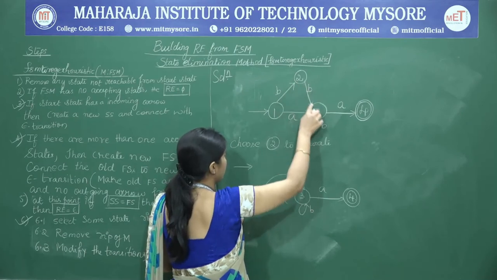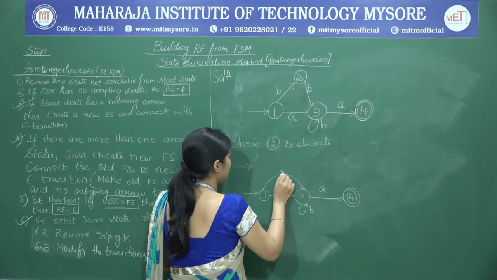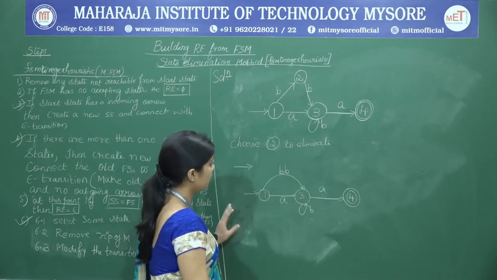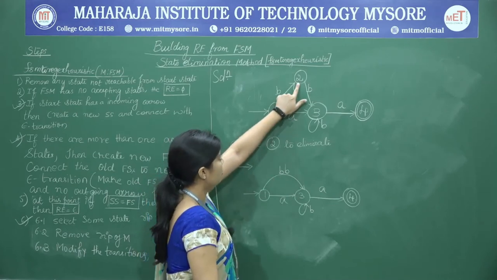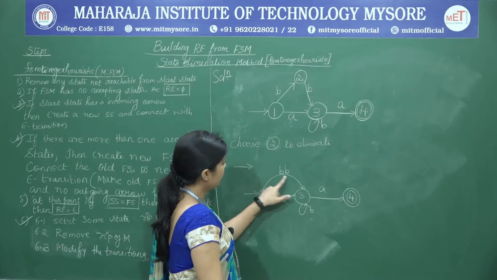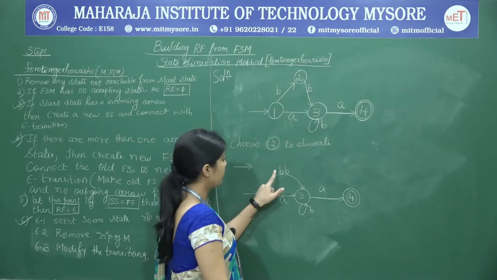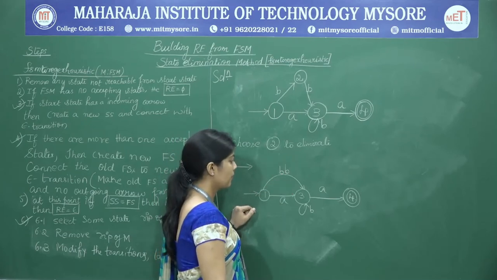So from 1 to 3, what are the different things which are there on the transitions? So it is B followed by the second B. So likewise what we have done here is, instead of moving from 1 to 3 through this 2, directly we are moving from 1 to 3 via this B and this B. So BB is the regular expression that I am going to write here.